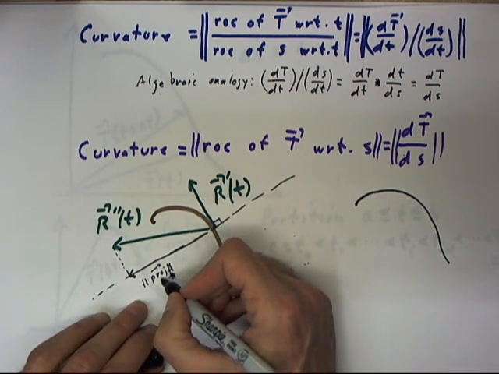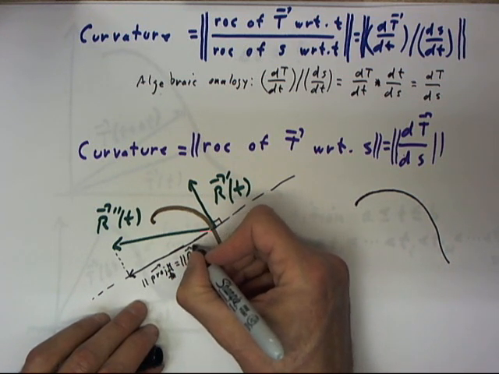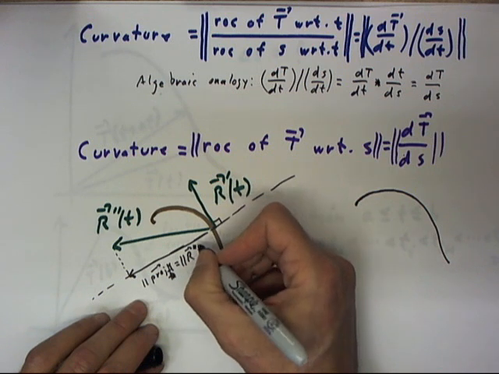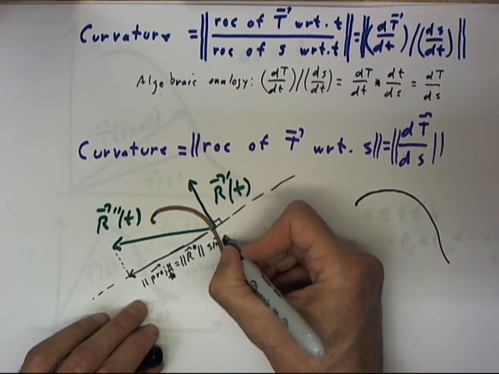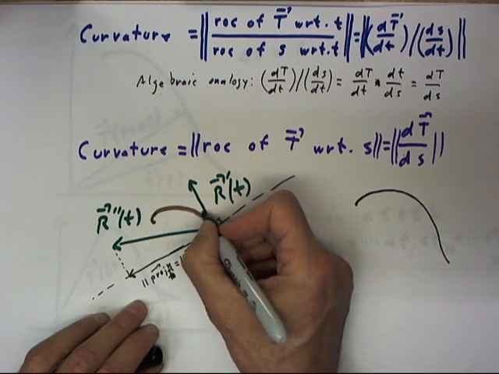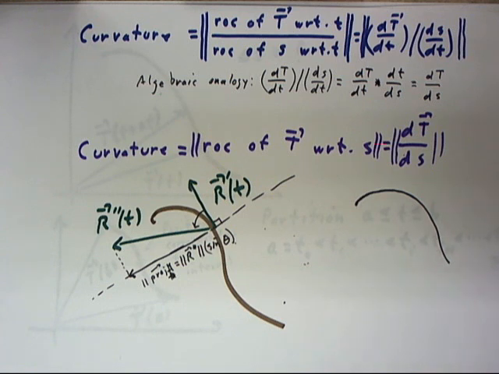The magnitude of that projection vector is nothing but the magnitude of r double prime times the sine of theta, where theta is the angle between r prime and r double prime.